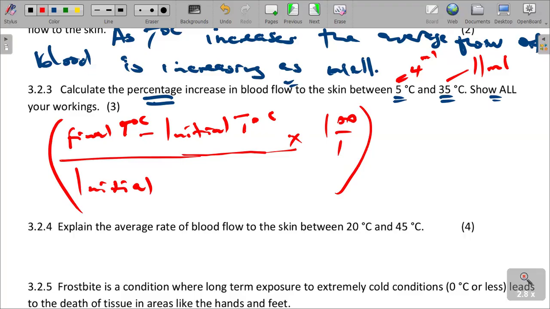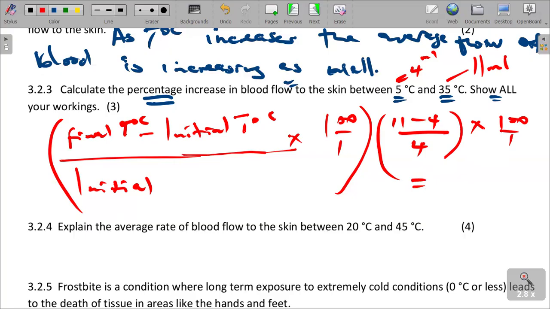When we talk about increase, we say final minus initial over initial times what? Times 100. Our final went to 11 minus 4 over initial, over 4, and then we say times what? Times 100 over 1.